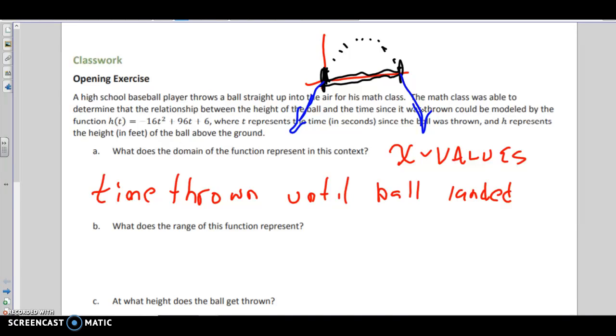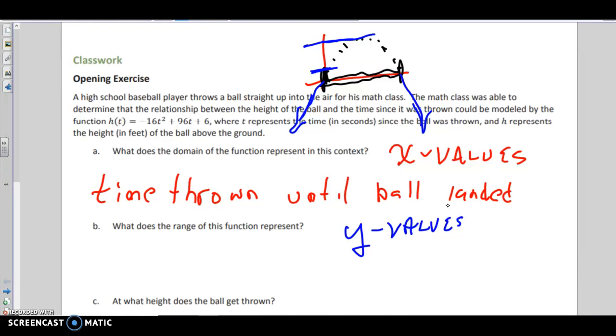So going on to the range, the ranges are y values. So now I'm talking about the distance on the y-axis. It starts there and it goes up to what we call a maximum height. And that interval is the range. So the range is represented by the y values.